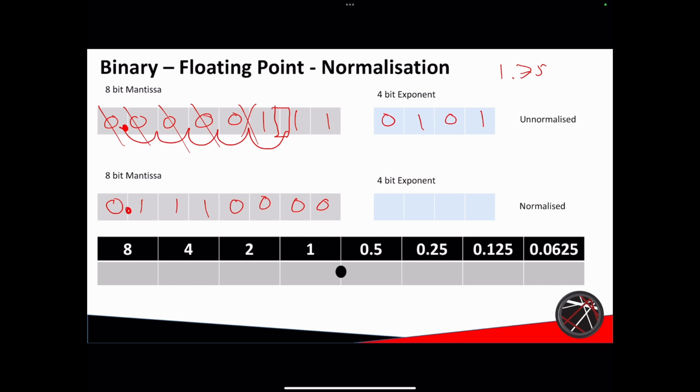And again, to still create that 1.75, we're actually only moving it 1 position in this place. So now our correct exponent is so. What we are then able to do is put this into our table, and we get 1.75, as you can see, represented.